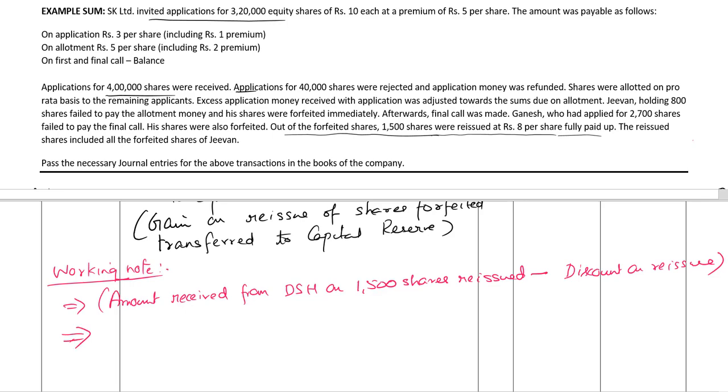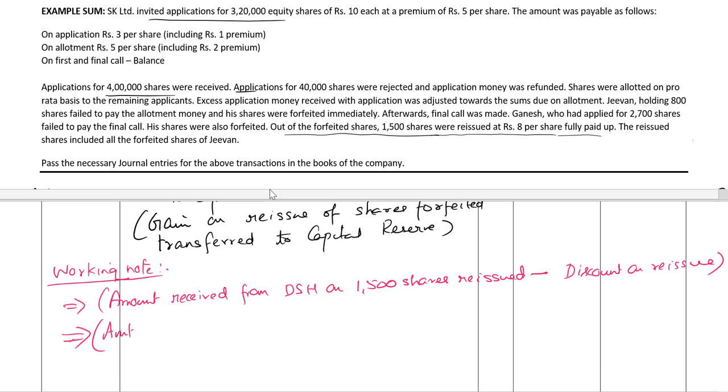Now the 1,500 shares reissued include 800 shares of G1, because it includes all the forfeited shares of G1, and the balance is the shares of Ganesh. So the difference between 1,500 and 800 is 700 shares of Ganesh.